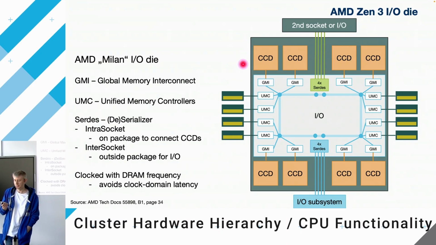Therefore, if there is a memory request coming from the CPU core, it goes through to the I/O die and then goes to the main memory through this memory controller. So everything goes here through the I/O die.